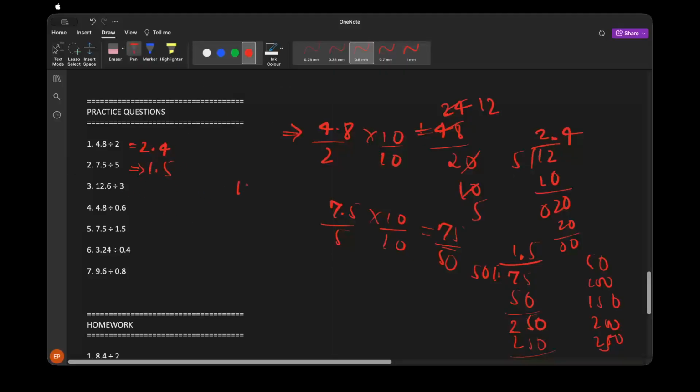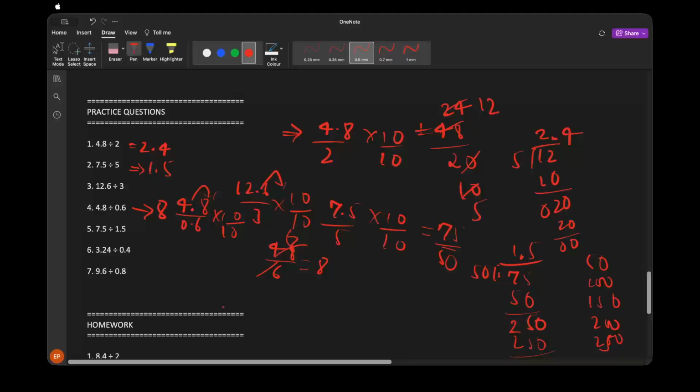12.6, same way, 12.6 divided by 3, means multiply by 10 both, because there is only one digit after the decimal here and no digit there, so which is the bigger one? 1 is bigger, so multiply by 10 and calculate the answer. 4.8 by 0.6, as we have done before, multiply by 10 because there is one digit after the decimal, so 48 by 6, 8, 6 8s are 48.